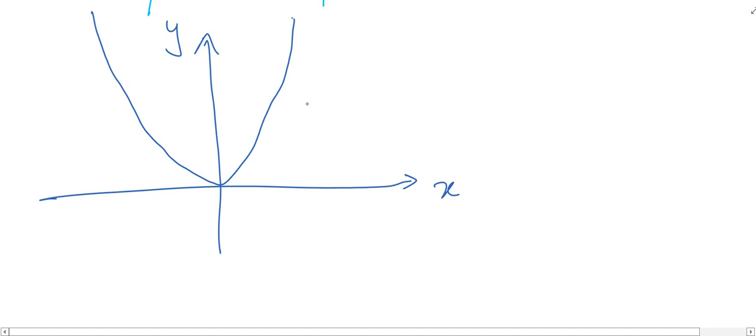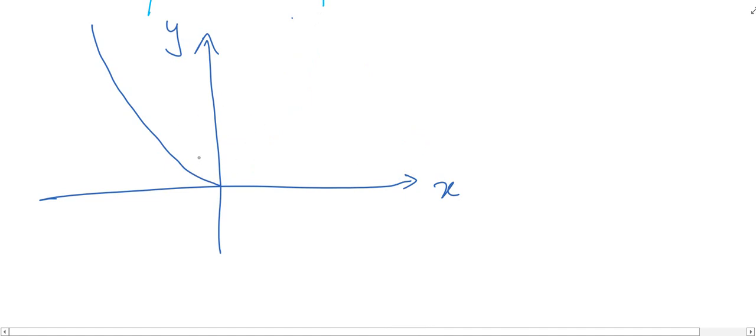You'll observe that the y-axis is actually an axis of symmetry.